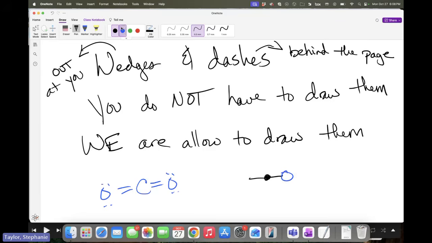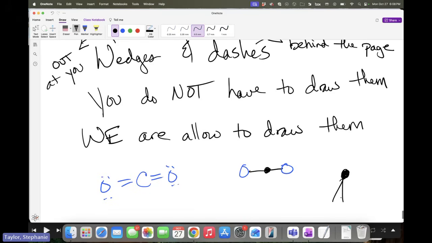This thing is linear, and right now it's just in the page. But if I wanted to draw this in wedges and dashes, it would look something like this: here's my central atom, and I have one thing coming out at you, and the other one going back into the page.